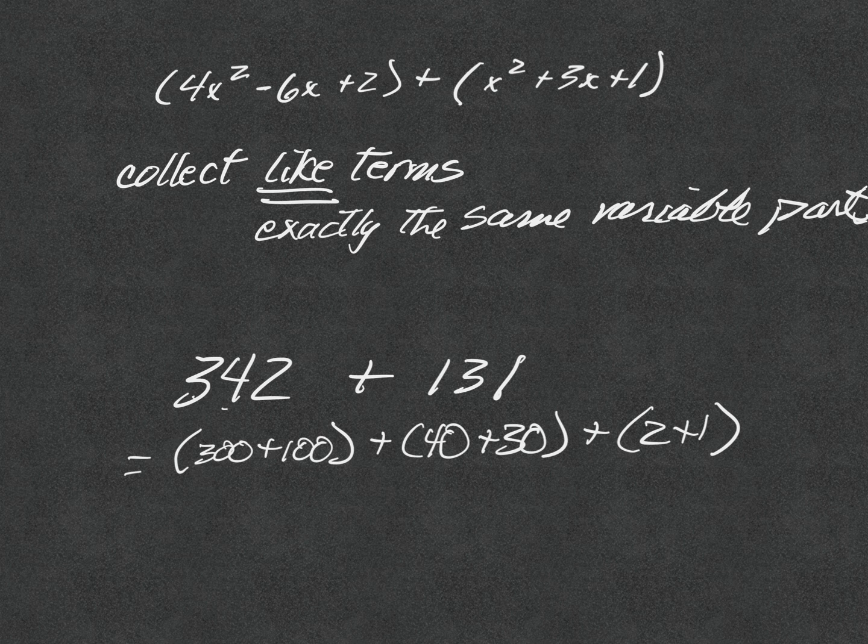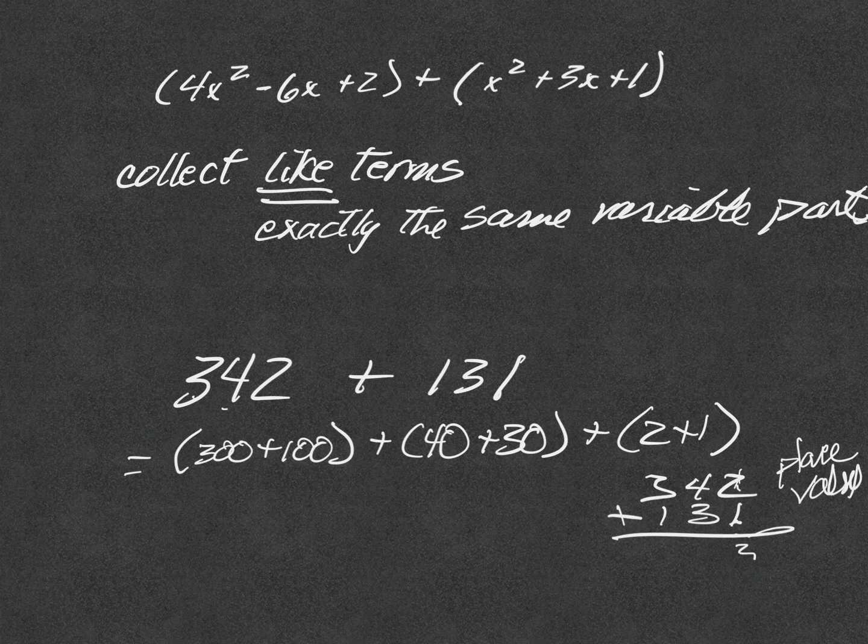Now, why would we do that? Well, let me go to another method. What if you added this way, 342 and 131? You would add the same column because they were the same place value. So 2 plus 1, those are 1s, so we would add those together. 4 plus 3, that's 4 tens and 3 tens, so we have 7 tens.